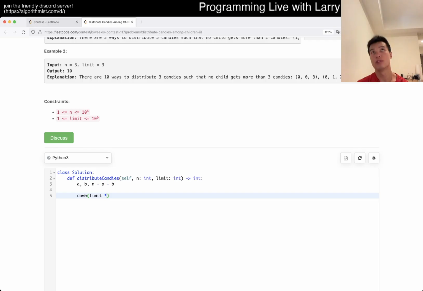So the row would be limit times 2, and the column is just the number you're looking for. Right?